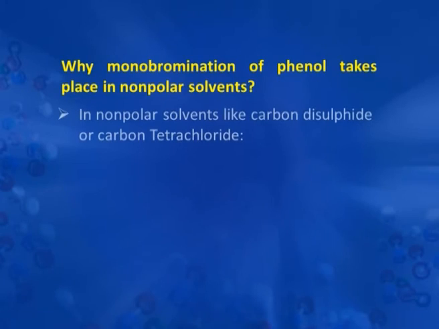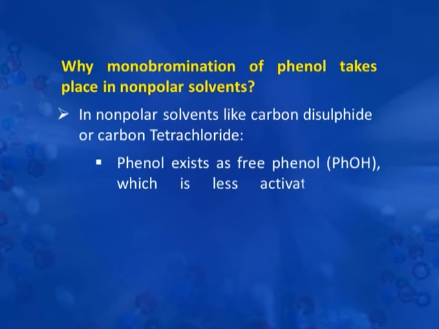When bromine is used with less polar solvent or non-polar solvent like carbon disulfide and carbon tetrachloride, it has been seen that monobromination takes place. The reason behind it is that phenol exists as free phenol, that is PhOH, which is less activated than the phenoxide ion as discussed in the earlier slide.